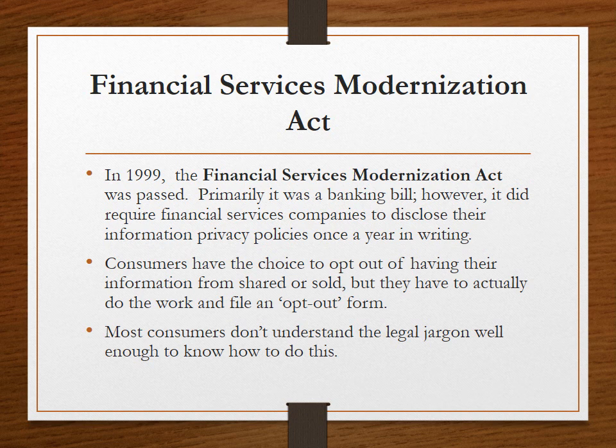And most of us don't have time, don't care enough, or don't realize that we should be opting out. And again, the other problem is most consumers don't understand legal jargon well enough to know how to do this. So there's a lot of problems with each of these privacy acts. There's all kinds of issues in there.